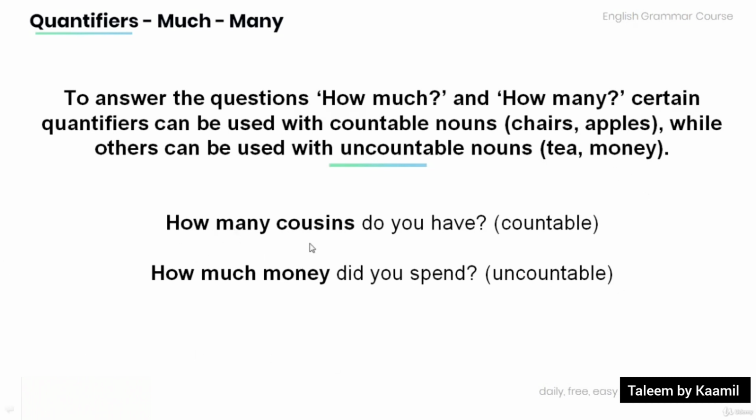How many cousins do you have? Note that the quantifier many in the sentence is used with a countable noun, cousin. And in the sentence, how much money did you spend? Note that the quantifier much is used with an uncountable noun, money.